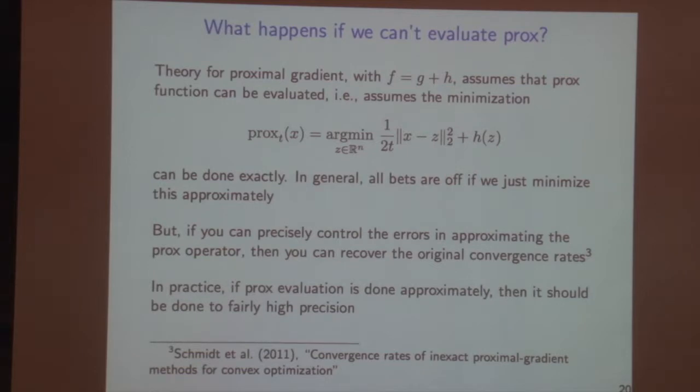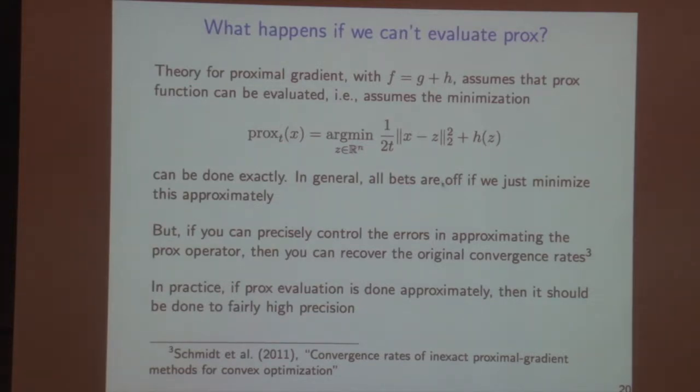What controls the curvature of the proximal operator? It's really the strongly convex part, which is this part, and this is strongly convex with parameter 1 over t. So if you're taking large step sizes, then this doesn't have very much curvature.